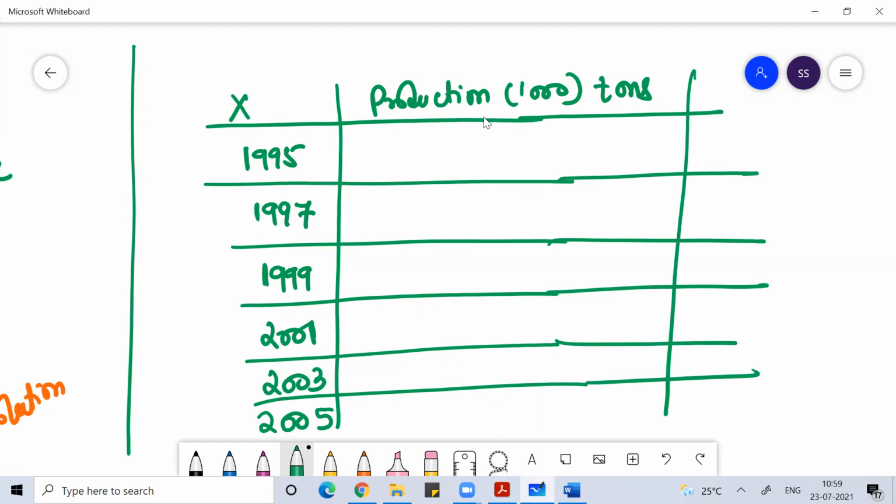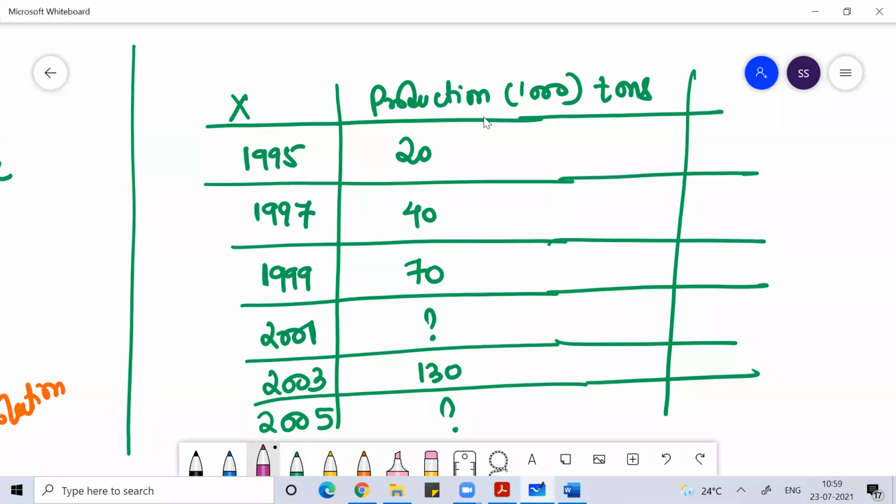They will be the dependent variable, like here 20, 40, then 70, then this question mark, and then 130, and then this question mark. So they will be your dependent variable, guys.